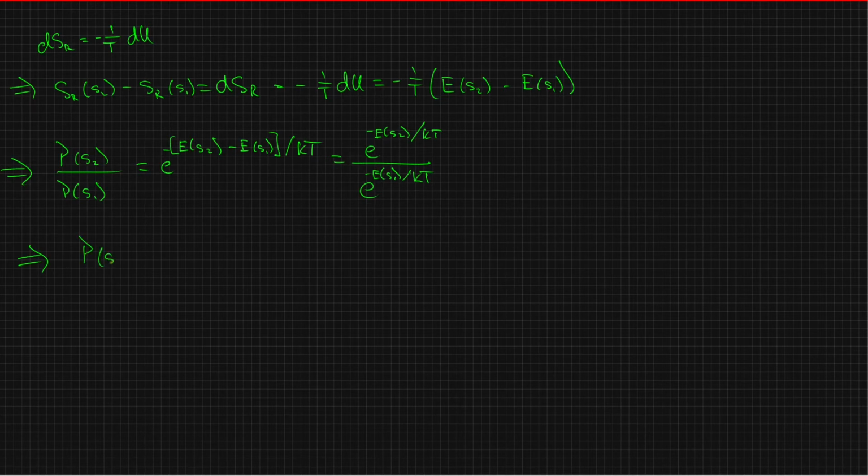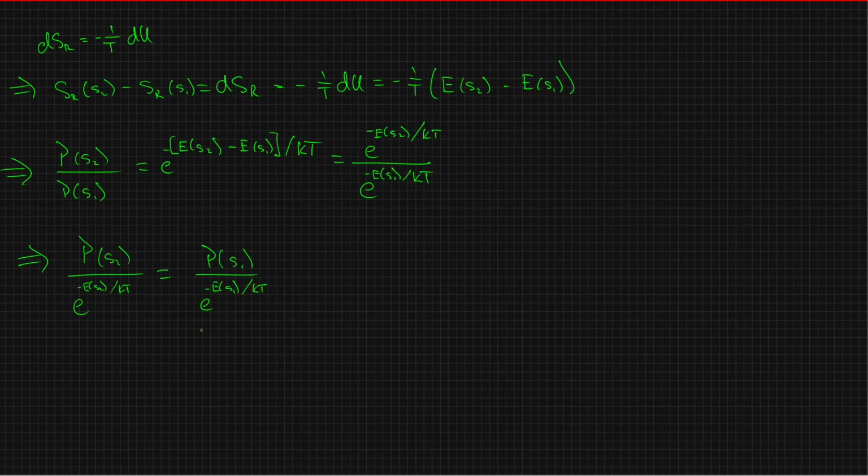So let's do that. e to the minus E of S2 over kT is going to be equal to a term over e to the minus E of S1 over kT.